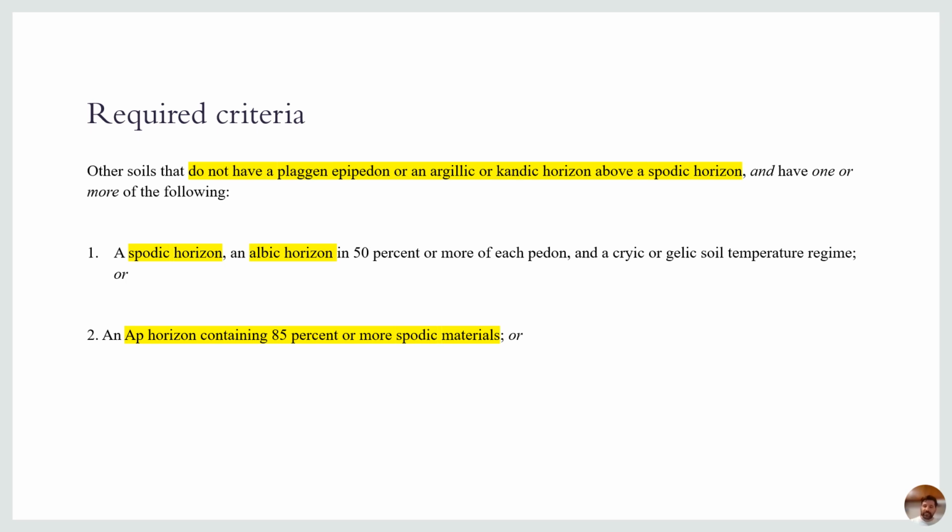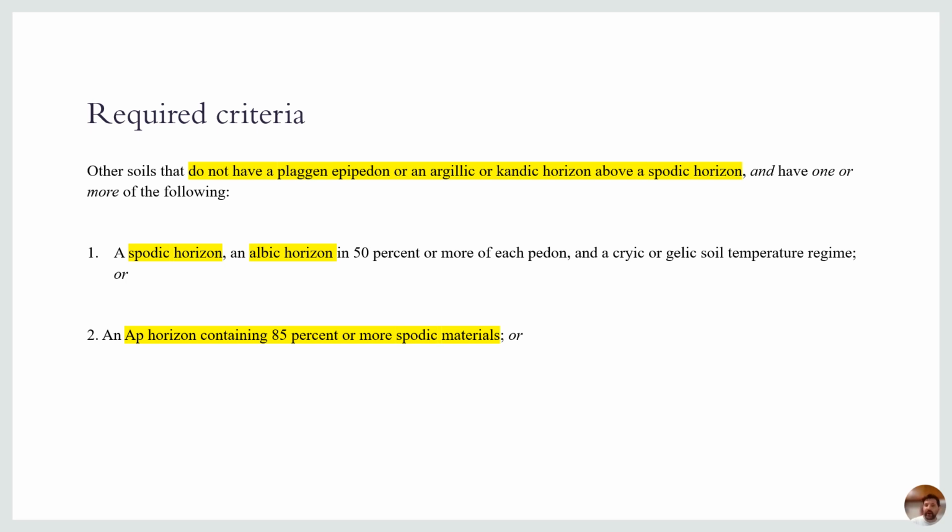Okay, the gelic soil temperature regime is warmer, where the average of the soil temperatures varies between 0 and 8 Celsius degree. So in this specific case, I have warmer temperatures, and in this specific condition, we also cannot find permafrost.